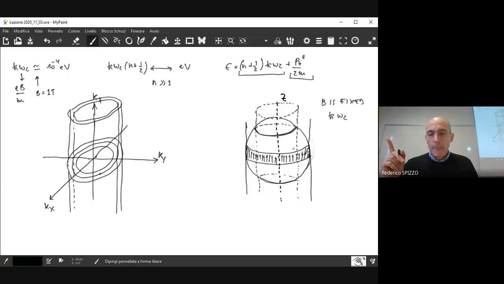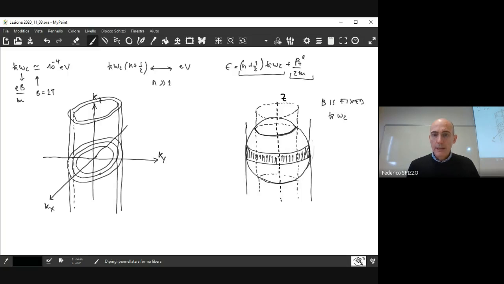So on the equatorial plane, you have a huge number of electrons that may correspond to a specific intersection. Now the question is: is that intersection always there? The answer is no, because the diameter of the cylinders in energy depends on n and on the cyclotron frequency. So if you change B, you may switch from tangency to non-tangency conditions.